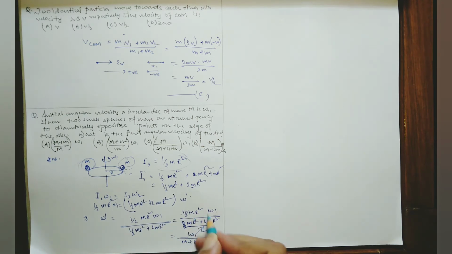We can see that it matches with option C. So this is the solution for this question, which is M omega 1 by M plus 4m.